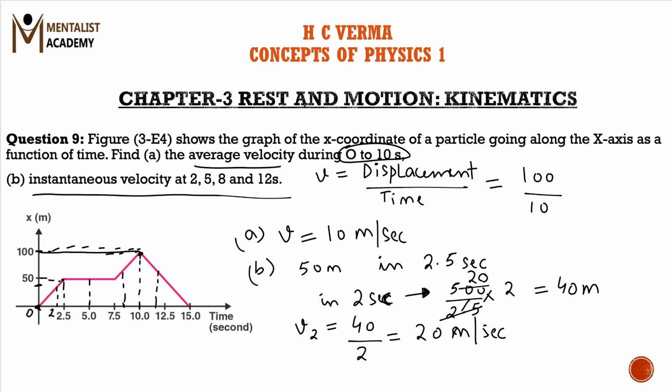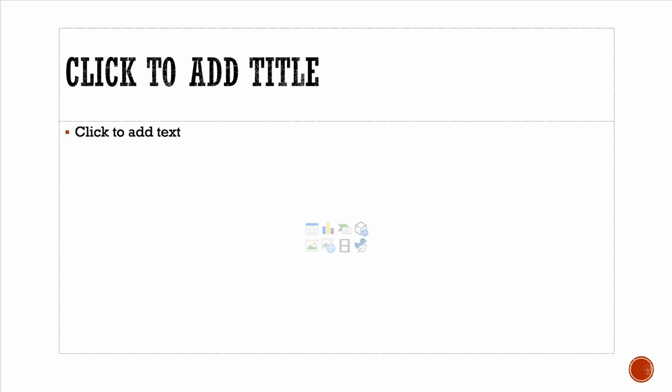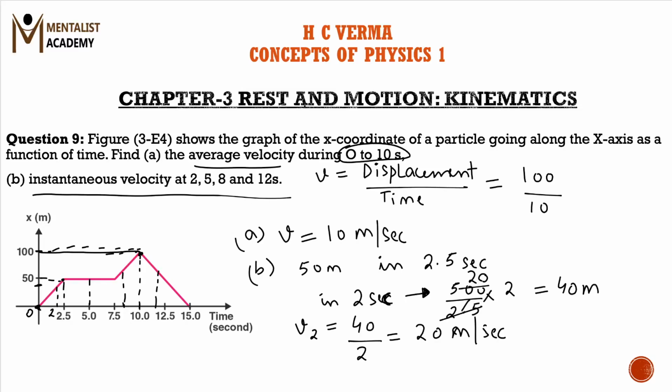Now we have to find the instantaneous velocity at 5 seconds.